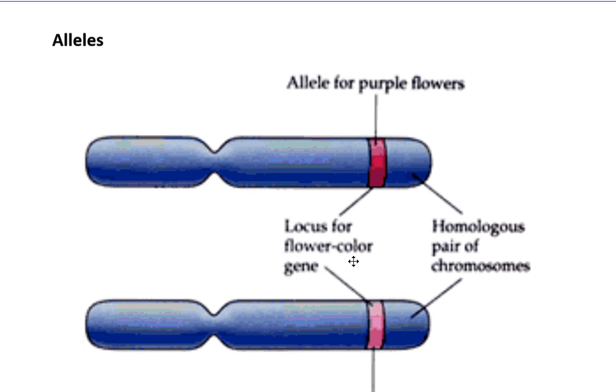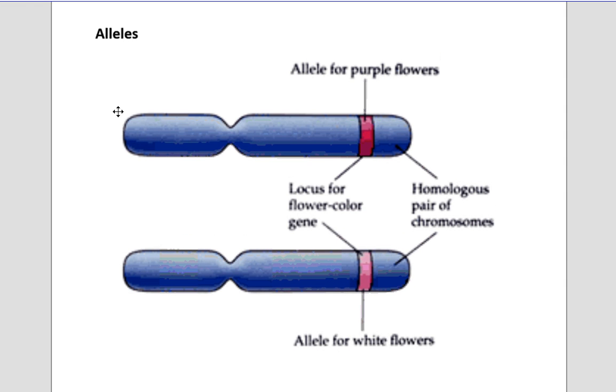Now, what's important to understand about traits is that traits are coded for on the DNA. DNA expresses itself by making proteins. So the proteins that your body makes will express themselves by giving you blue eyes or brown hair or height or whatever you have. And those genes have different versions. We each have one chromosome from mom and one from dad, and they each gave us a different version of that gene.